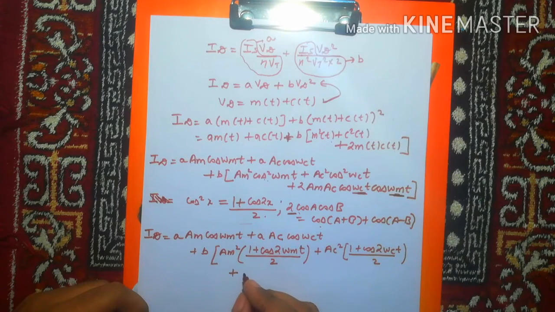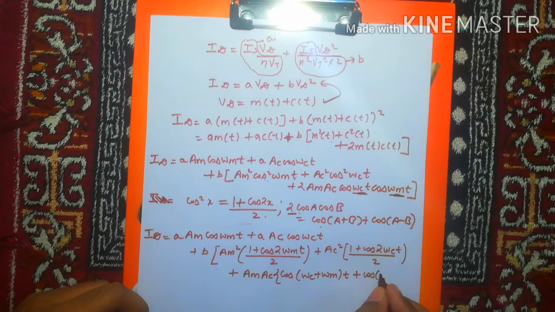So the term will become Am into Ac, cos of (omega c plus omega m) t plus cos of (omega c minus omega m) t.